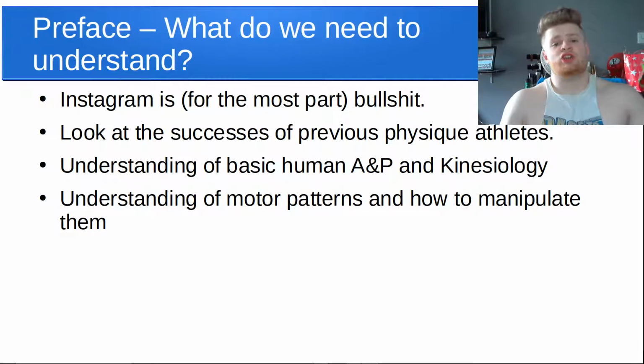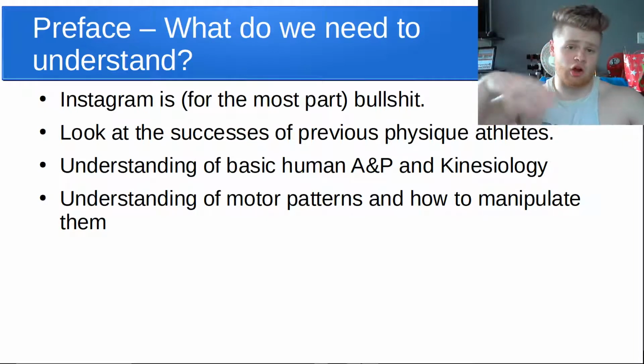Now, what do we need to understand in order for this to be effective? We can't just go about randomly picking exercises for certain body parts. We have to have a certain amount of background knowledge that we're going to apply in order to make this the most beneficial for us. I'm going to talk about all of these things in specific as we go on.